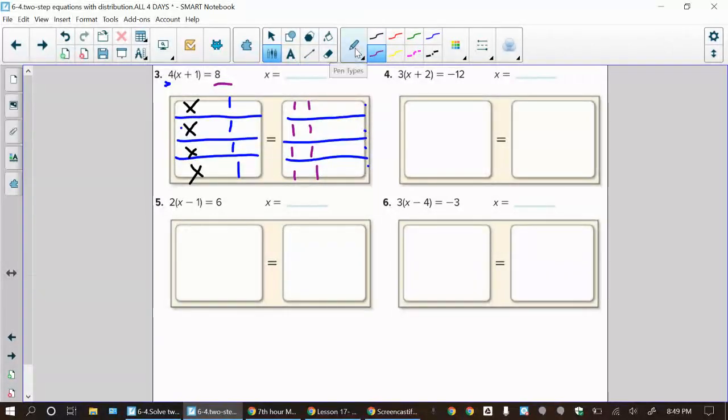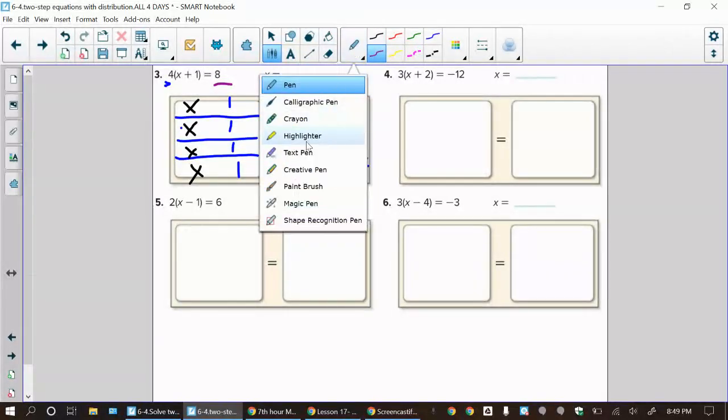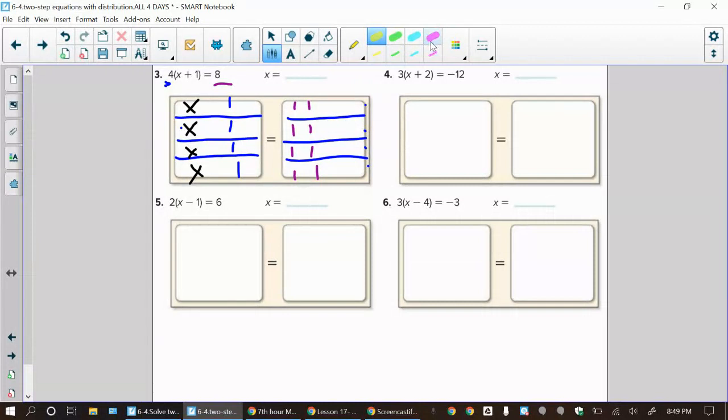Now this is where it can get messy. So see these parts here? I'm going to ignore these sections. I'm only going to focus on this bottom section because I only want to know what 1x is. Okay.